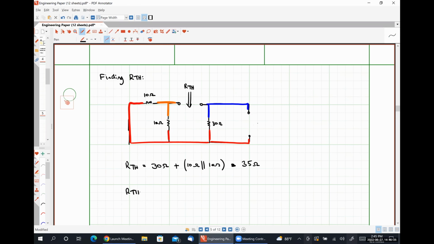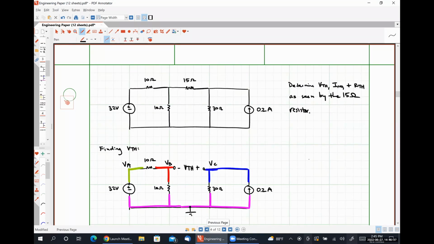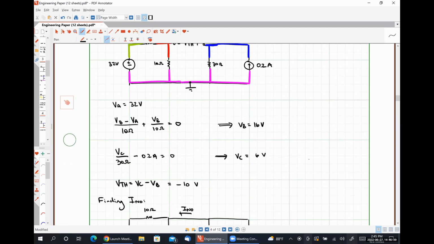But we can check our answer, right? Our Thevenin resistance must be our Thevenin voltage, VTH, divided by our Norton current. Let's scroll up here. Our Thevenin voltage we found to be -10.